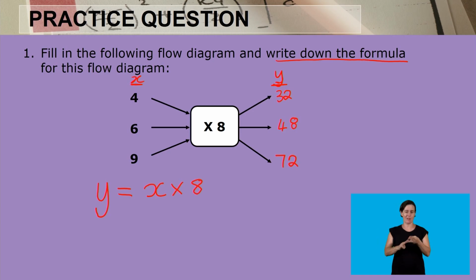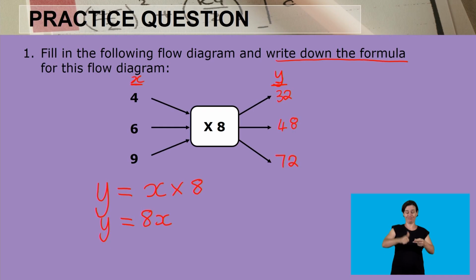And that is our formula right there. To write it in a simpler way, we can say that our output value, which is y, is obtained by taking the 8 and multiplying it with the input value. So y is equal to 8x, and that is our formula for this flow diagram.